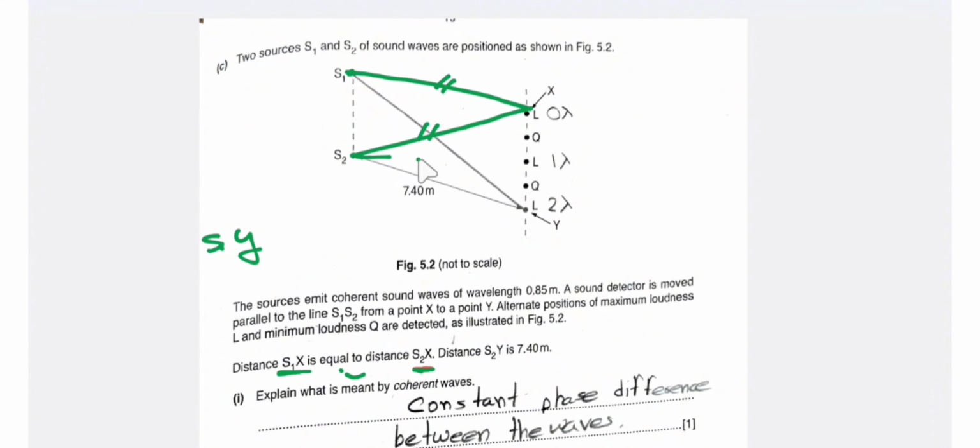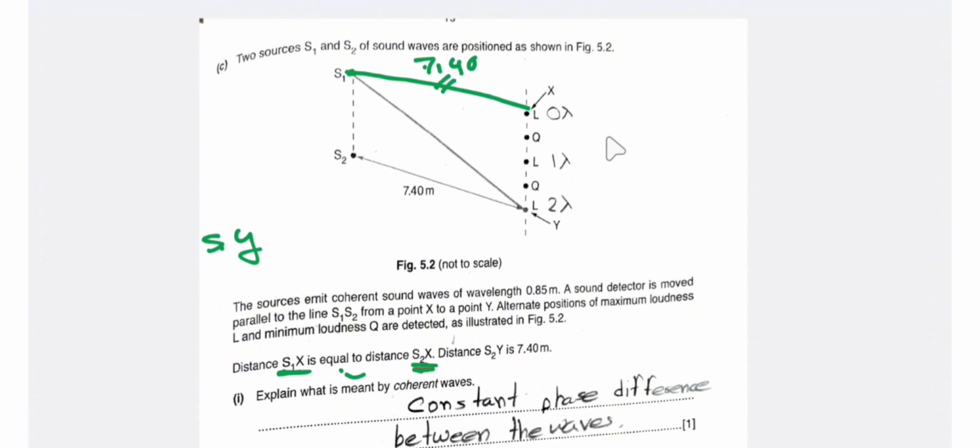And here we know that this is the baseline, and from one loud to the next loud, since these two distances are the same, this distance is also the same. Since this distance is 7.40 meters, this is also 7.40 meters, and we know that S2x is equal to S1x. So S1x must also be 7.40 meters. So first of all, we have found S1x.